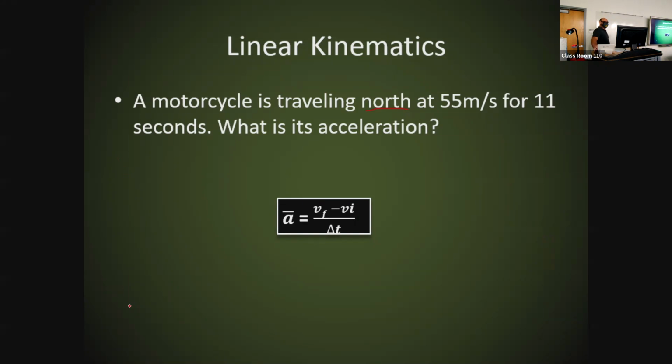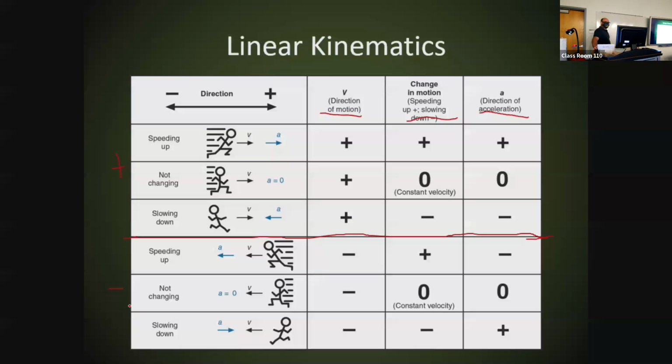So it's the same. There's no acceleration happening. Now, once somebody starts to slow down, or potentially stop, still moving in a positive direction, their change in motion, even though they're moving forward, is starting to move backward.